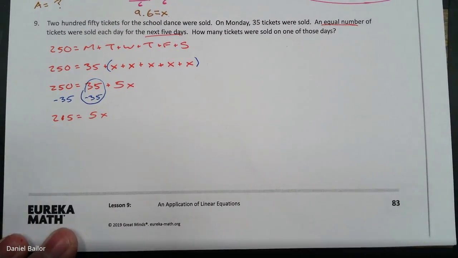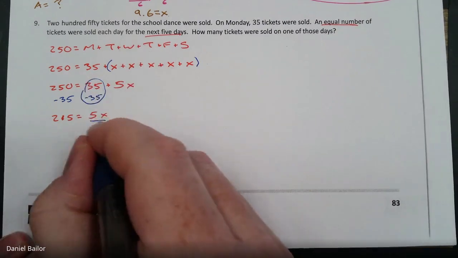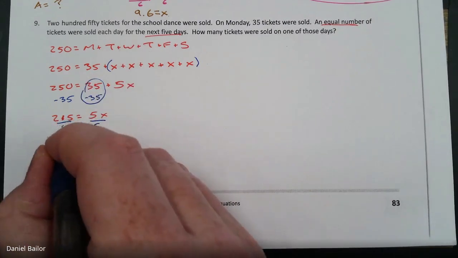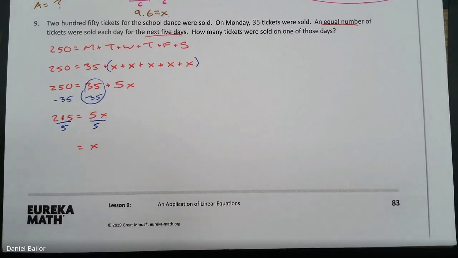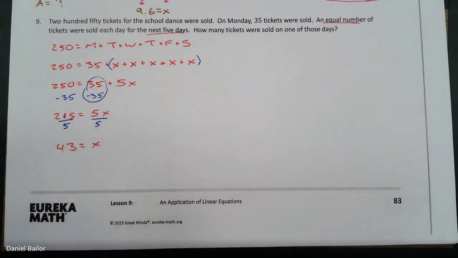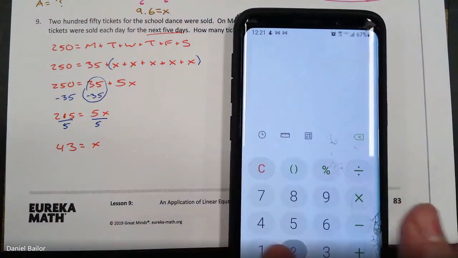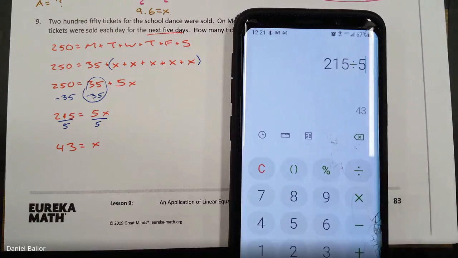Now that I isolated the X term, I want to isolate the X variable. So I do 5X divided by 5 to just get 1X. I need to do 215 divided by 5, which is 43. I just did that in my head, but let me double check it for you because I don't want to lie to you. 215 divided by 5 is 43.